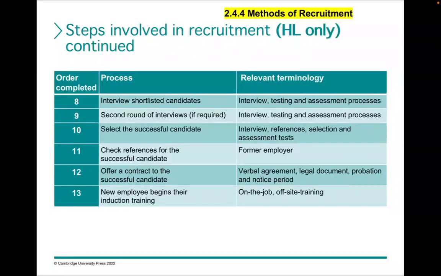Then interview those who have been shortlisted, and then a second round if you need to, if you've got many applicants and you have the time or the need, and then select the successful candidate. And then finally, check the references for the candidate to see if it matches up, offer them a contract, and then start them with their induction training.